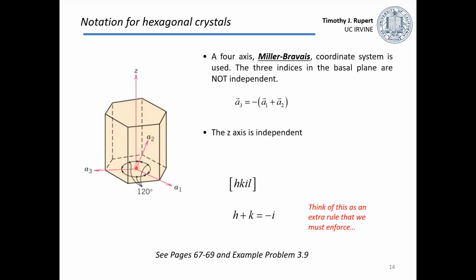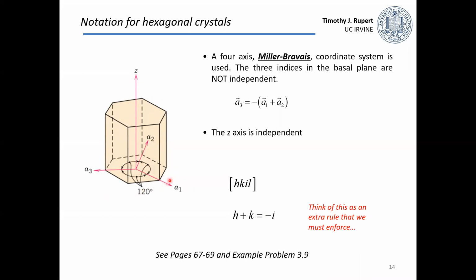We usually have 3 axes that we use in this close-packed plane. So A1, A2, and A3, and they're all separated by 120 degrees. And then finally, we have Z in that vertical direction. The issue is that we have a plane, or a 2-dimensional piece, and we have 3 axes to describe it.